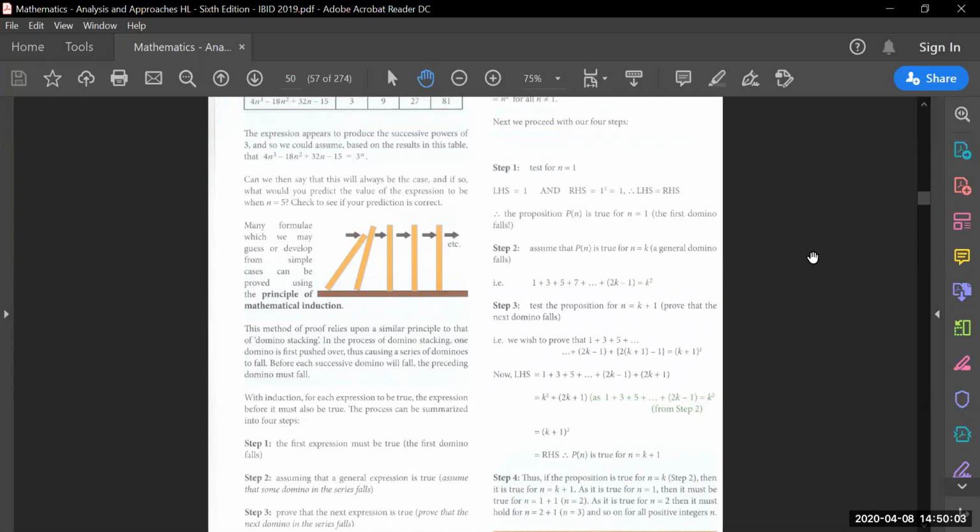Can you email me the formula sheet that you have? For which one? This one. MI, the proof for mathematical MI. Okay. Because I think I need to. And how about the way I phrase the sentence?